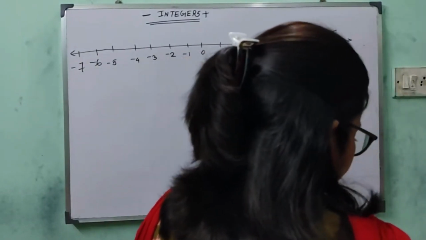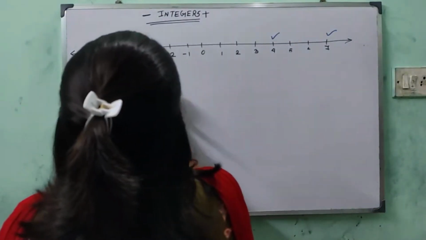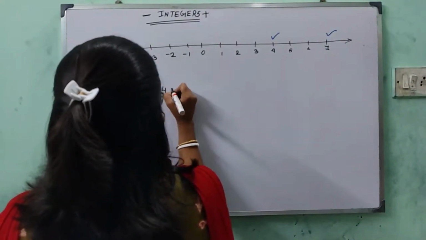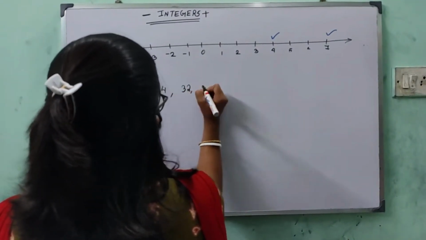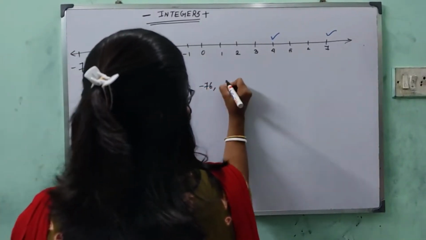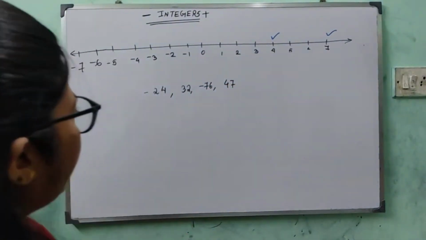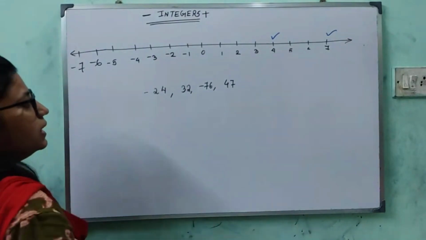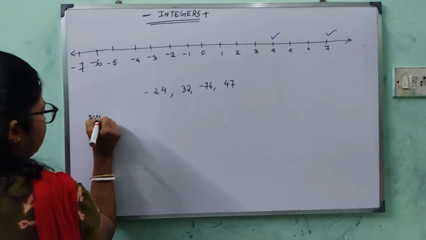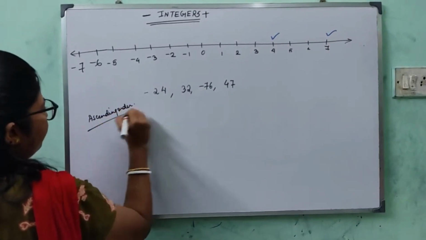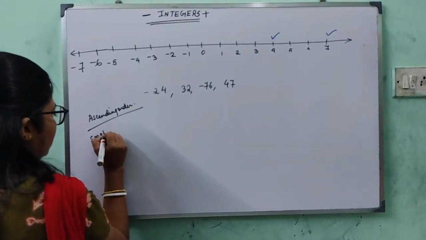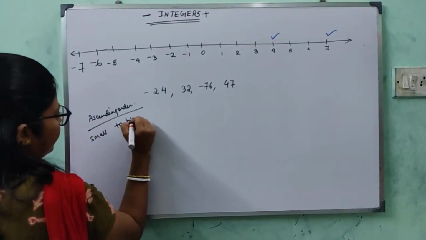Let us see some examples. Say I give you 4 numbers and I tell you to arrange them in the ascending order. Ascending order means from small to big.